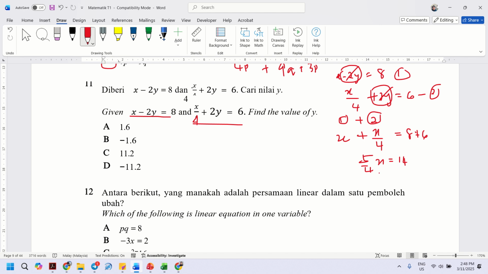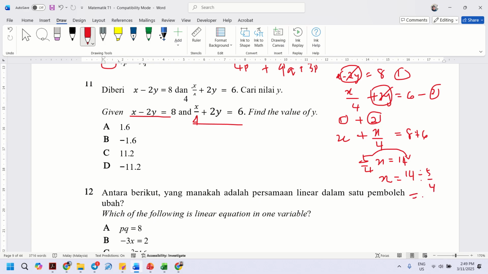Then, since 5 over 4 is multiplied by x, when you bring it to the right side, you divide 14 by 5 over 4.